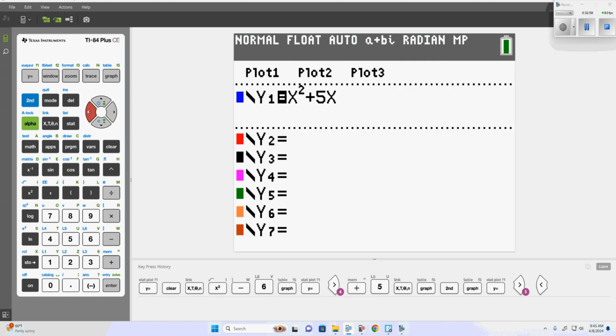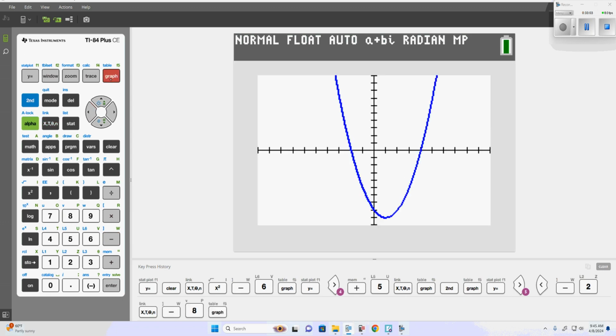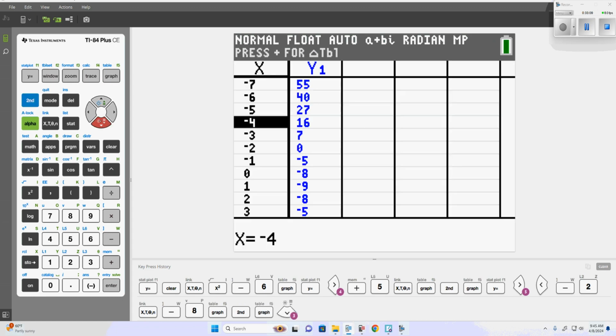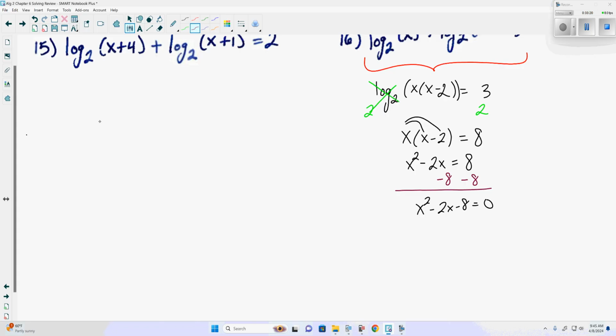Graphing x squared minus 2x minus 8, we get 2 points: negative 2 and 4, because when we graph it, we're looking for what values of x make the y value be 0, negative 2 and 4.